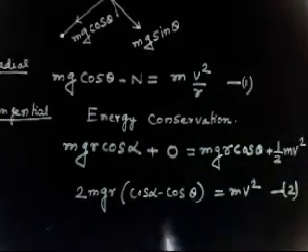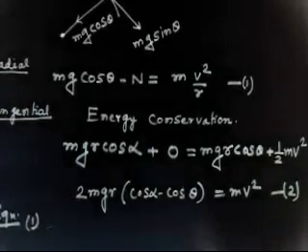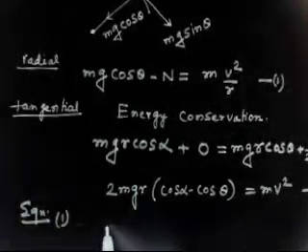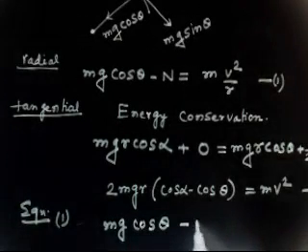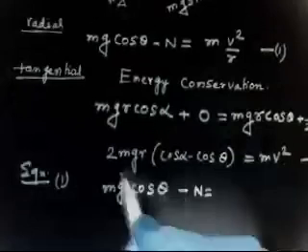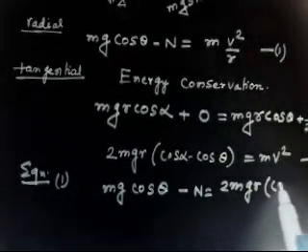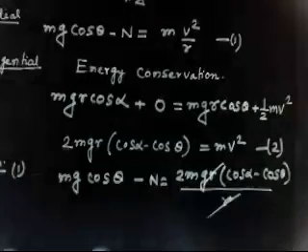If I plug this value in equation number 1, let us plug the value of m v square. So I get mg cos theta minus N equals m v square, that is this value, 2 mg r (cos alpha minus cos theta), divided by r. So r goes out.